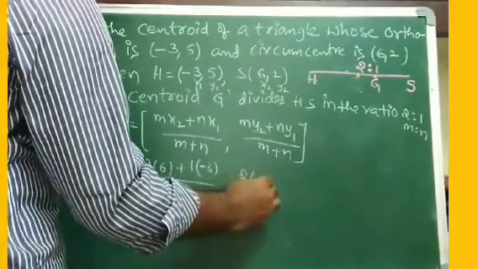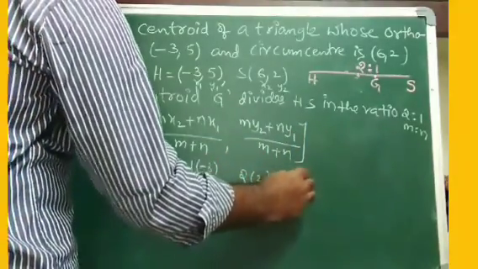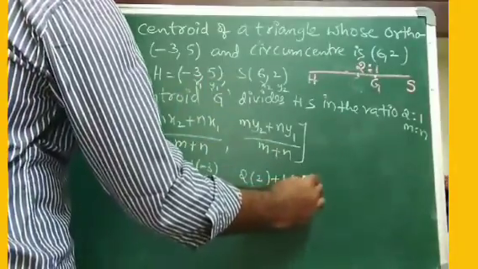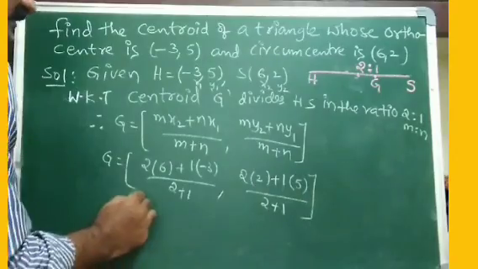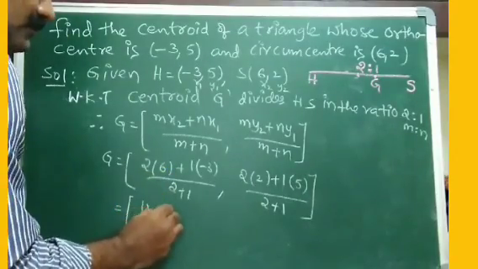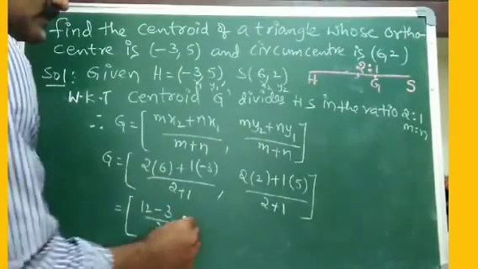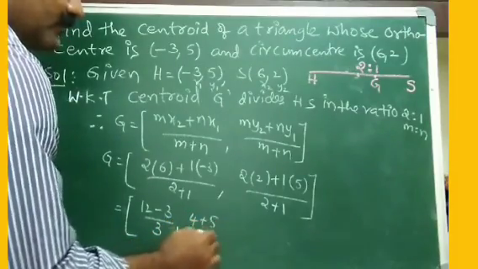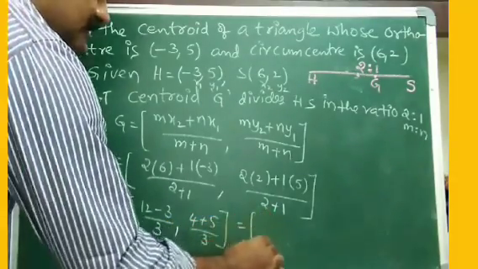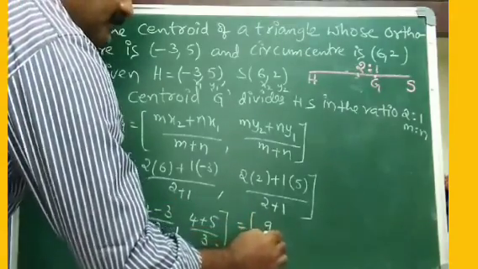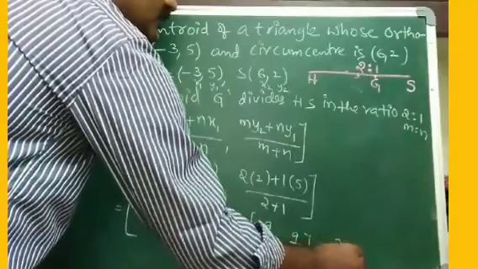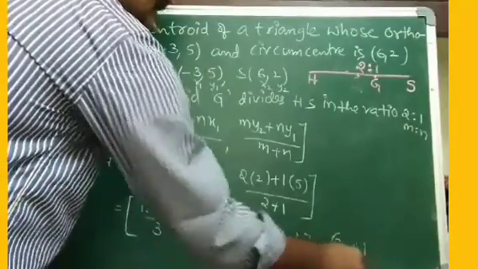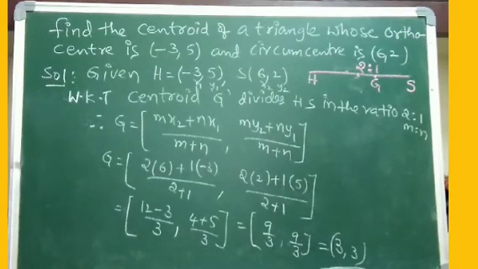Similarly, 2 into 2 plus 1 into 5, by 2 plus 1. Which is (12 minus 3) by 3, (4 plus 5) by 3. Which equals 9 by 3 comma 9 by 3, which is 3 comma 3. Therefore the centroid of the triangle is (3, 3).